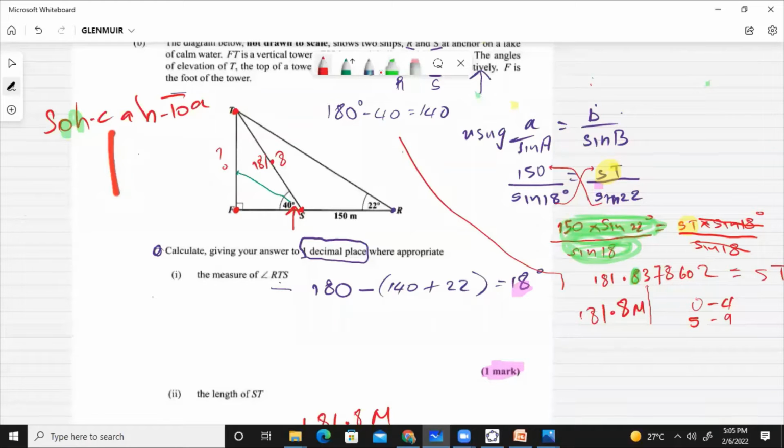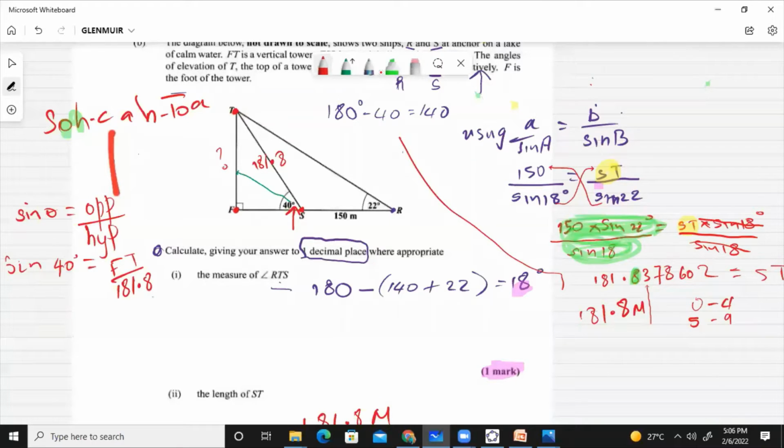Now, the ratio says that the sine of an angle in a right angle triangle is equal to the opposite side over the hypotenuse side. We spoke about that when we were looking at the tools. The sine of 40 degrees is equal to FT that they asked us for divided by 181.8.